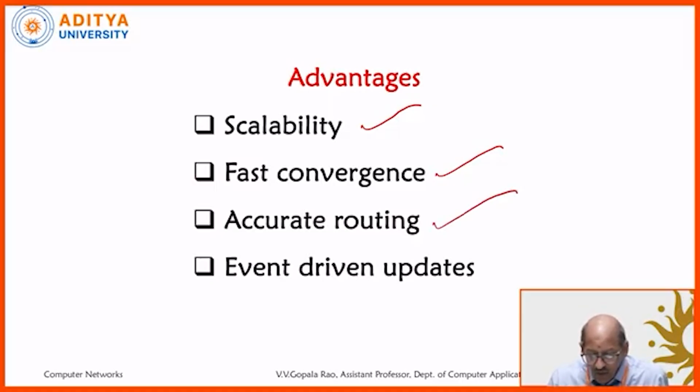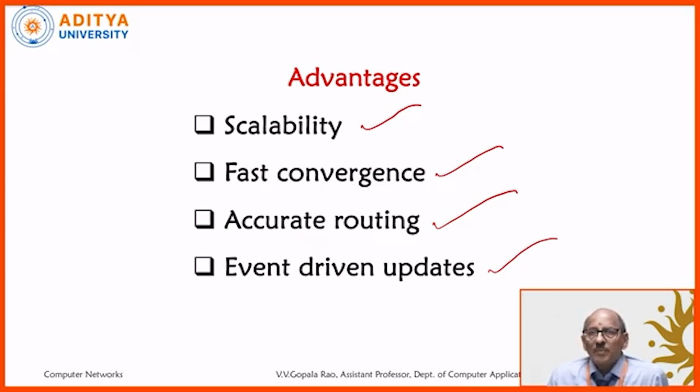And the next one is called event driven updates. So in the link state routing algorithm, whenever any change takes place in the network, suppose suddenly router B is dropped, then the information should be shared, and based on the information sharing, router A's information has to be updated.